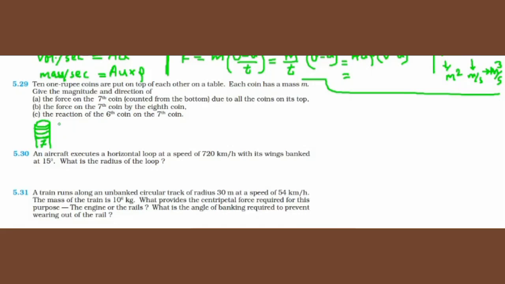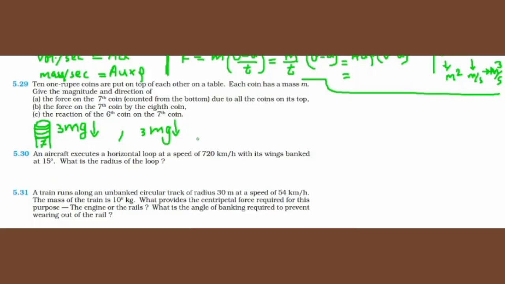So what happens? Each one having mass m. So 3 coins are there. So on the 7th coin, each coin will apply a force mg. There are 3 coins above the 7th coin, so 3 mg acting downwards. Then the force on 7th coin by the 8th coin. Above 8th coin, 2 more coins are there. So that also will be 3 mg down.